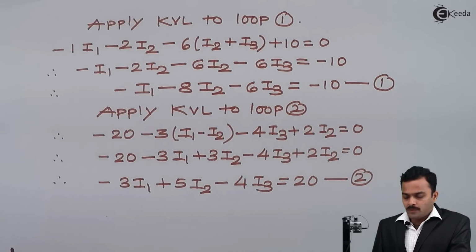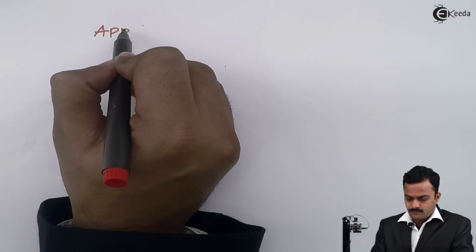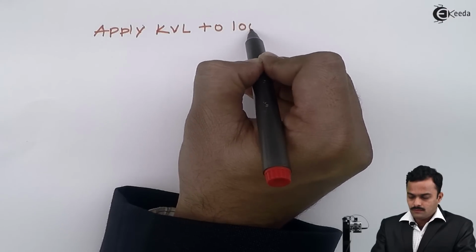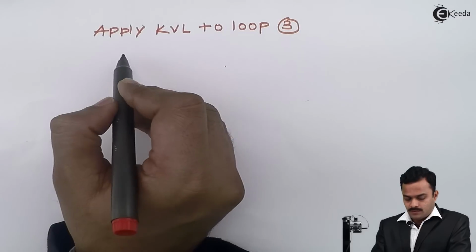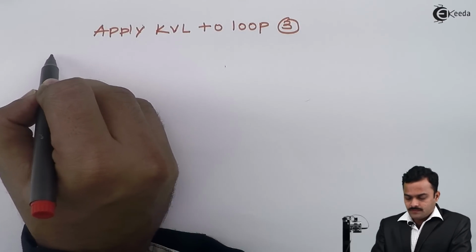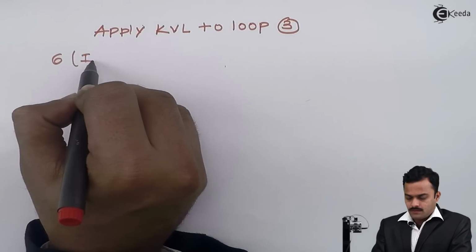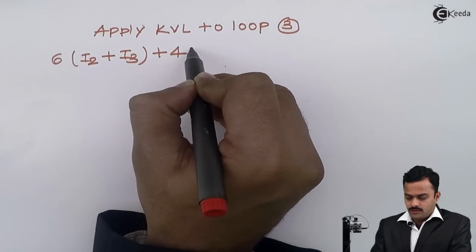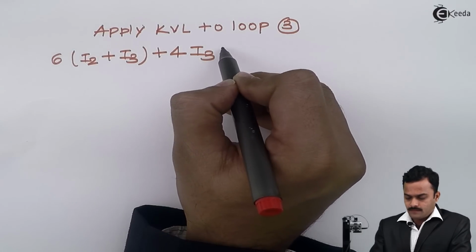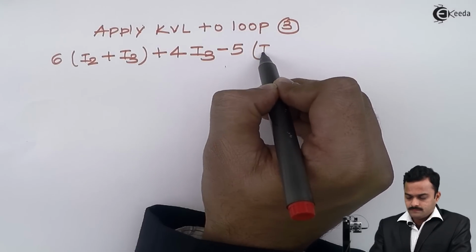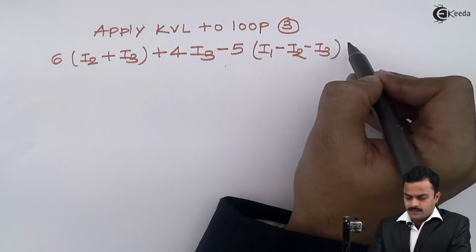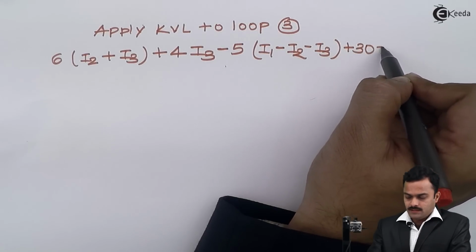Let's apply KVL to loop number 3 in a similar manner. So apply KVL to loop 3. So I will have 6 into I2 plus I3 plus 4 I3 minus 5 into I1 minus I2 minus I3 and plus 30 equal to 0.